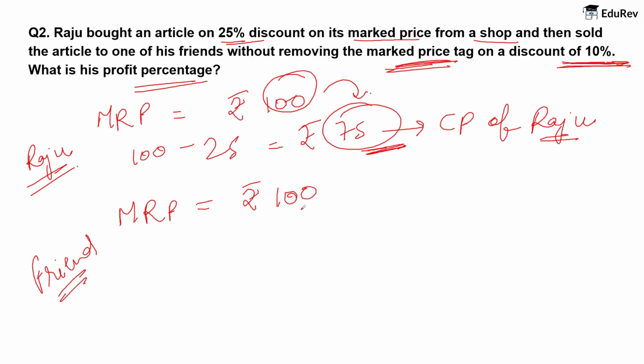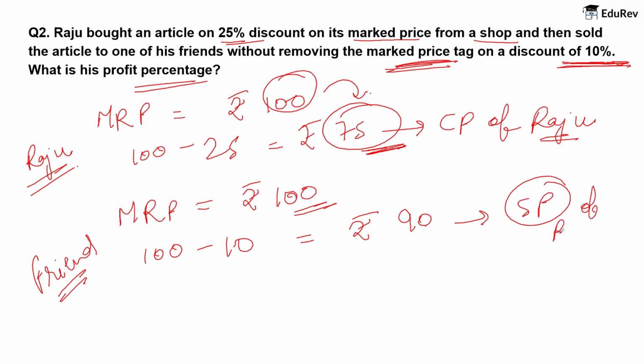So 10% discount on MRP means you have to subtract 10 from 100. So he sold that very article for rupees 90 to his friend. So this becomes the selling price of Raju. So Raju bought that article for 75 and sold it for 90. So obviously the profit percentage will be profit upon CP into 100.